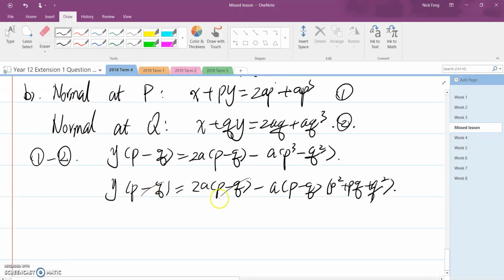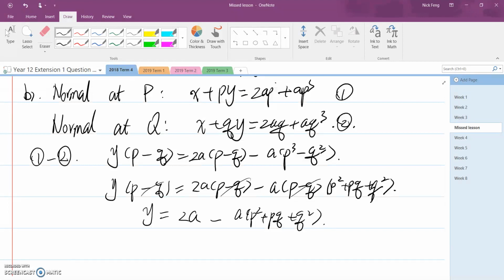And cancel, cancel, cancel. y equals 2a minus a(p squared plus pq plus q squared). Okay, all right. So that is the y coordinate of the intersection of the two normals.